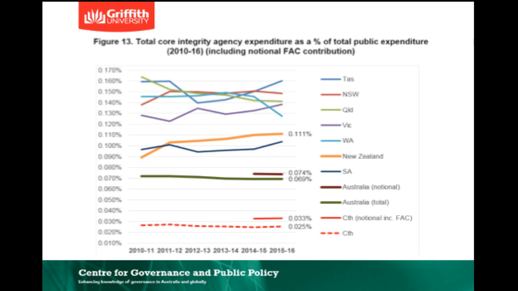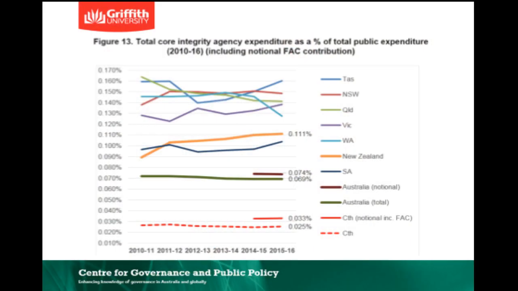When we compare, not necessarily the amount of money being put into anti-corruption agencies or anti-corruption investigation bodies individually, but actually do a slightly more holistic job and compare the resources going into the group of core integrity agencies, Ombudsman's offices, Auditor General, anti-corruption, that form the core of our integrity frameworks, then the Commonwealth Government compares particularly badly, not just to the states, but on an international level.